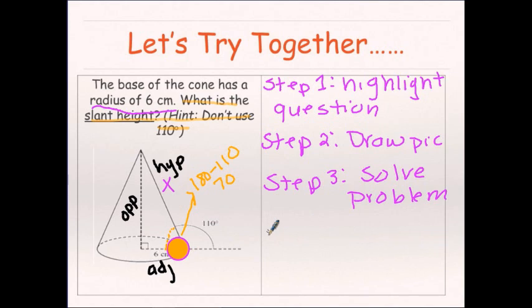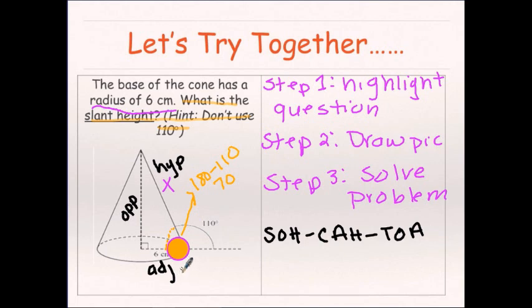So I am going to go to my trig ratio since I only have one side. SOHCAHTOA, or some old hood rat caught another hood rat taking off Adidas. If I look here, the side that I'm looking for is the hypotenuse, and the side that I know is the adjacent.